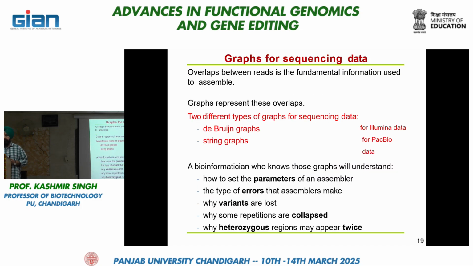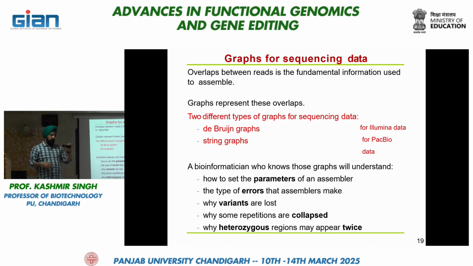Then when you generate this data, you want to create the overlapping of the reads. Now you have small reads like this. Suppose this is one read, and you filter out adapters from both ends, and then you check the quality of the data, the Phred score.